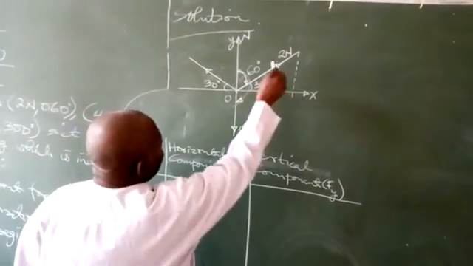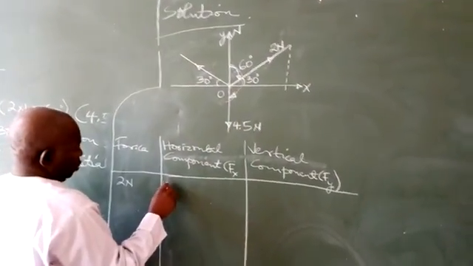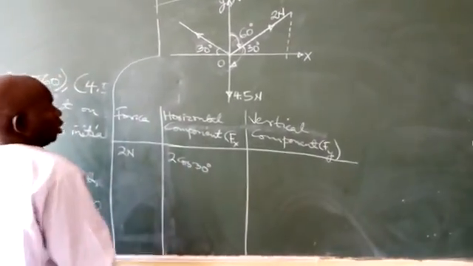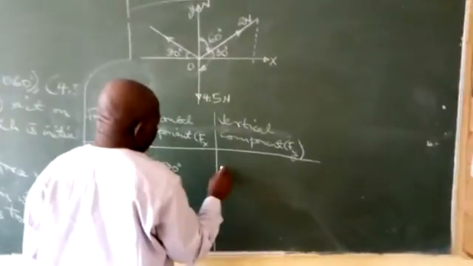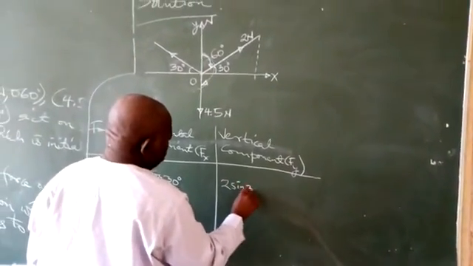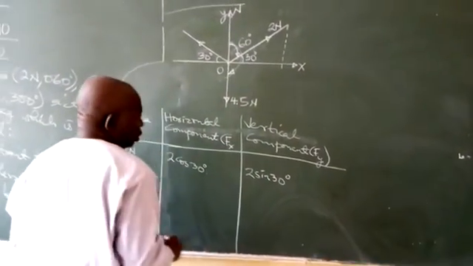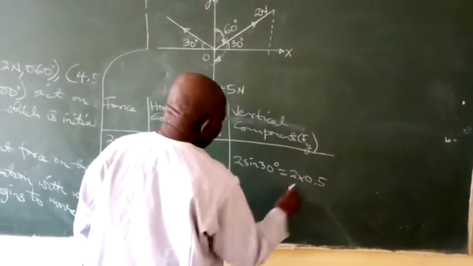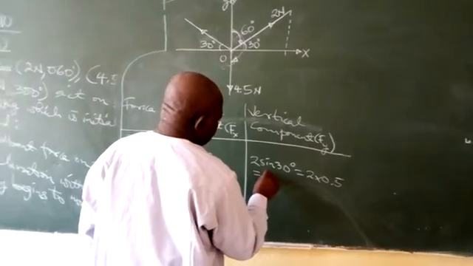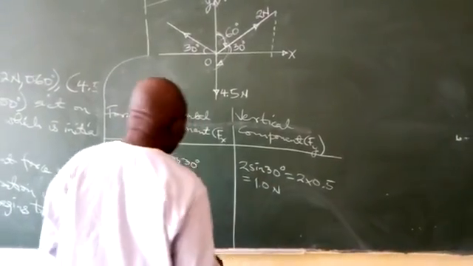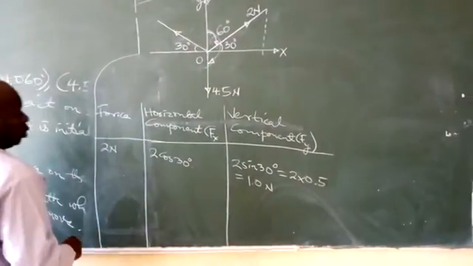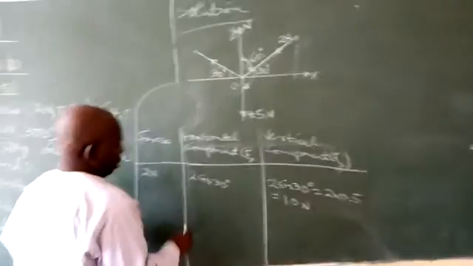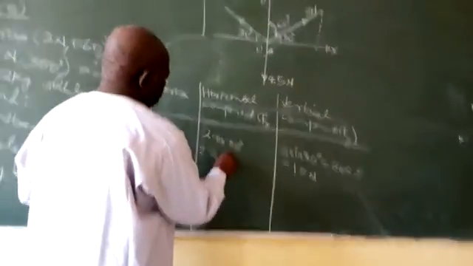Then the horizontal component of that 2 Newton force will be 2 cos 30 degree. The vertical component will be 2 sine 30 degree. This 2 sine 30 degree is 2 times 0.5, which is 1.0 Newton. Then here, 2 times 0.866.